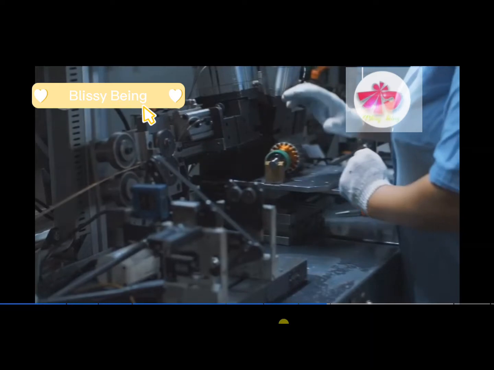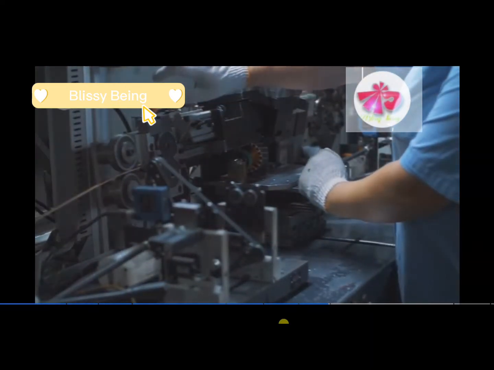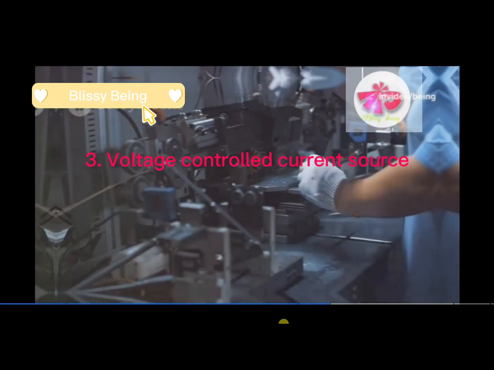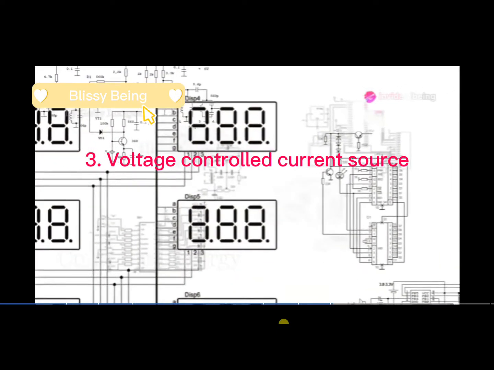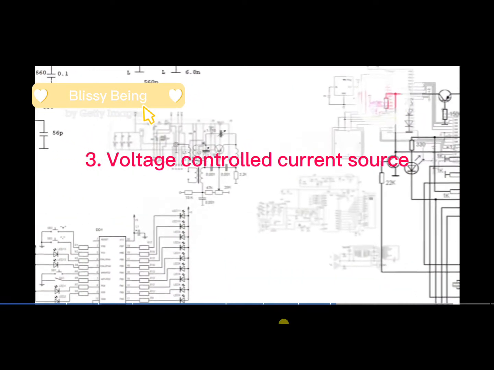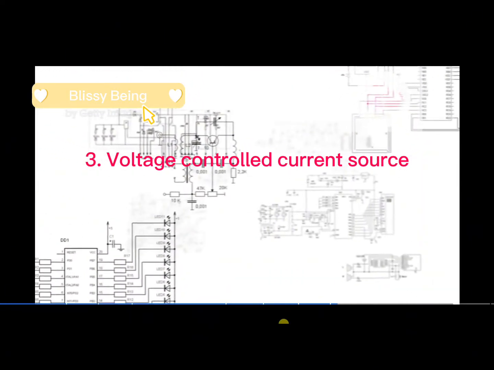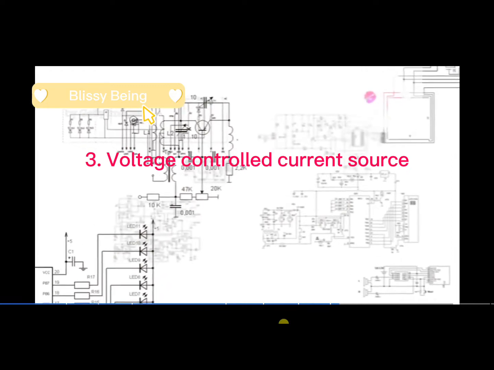And the third one is the voltage controlled current source, or VCCS. Its output current is a multiple of another voltage in the circuit, found in active filters and oscillators. These are crucial in signal processing, where maintaining the integrity of the signal is paramount.